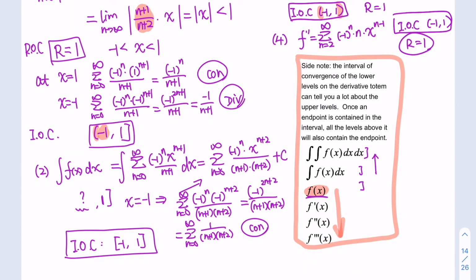So once we get the interval of convergence for f of x, if it's open on either side, all the derivatives are open, you don't have to show it. If it's closed on any side, all the upper ones will be closed. You just need to check the other one.